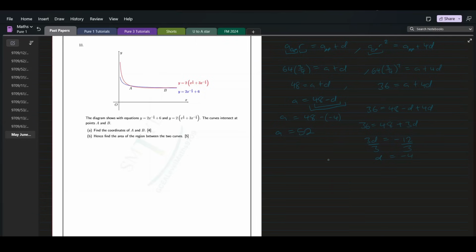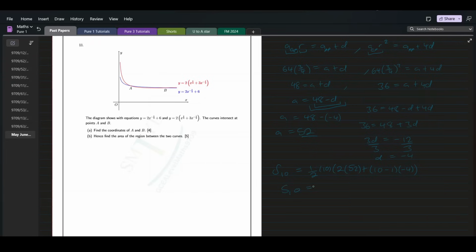to 52. And the question wants us to find the sum of the first 10 terms of the arithmetic progression. So we're going to use the formula half n times 2a plus n minus 1 d. So that's half times 10 times 2a being 52 plus n minus 1, that's 10 minus 1 times d, which is negative 4, and then let's close that bracket.